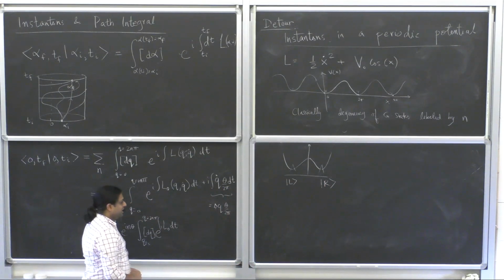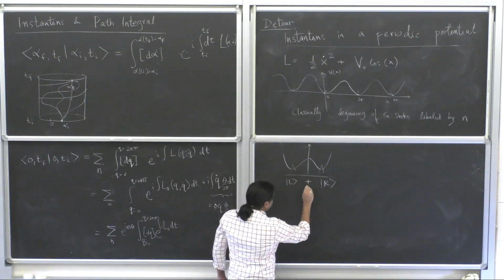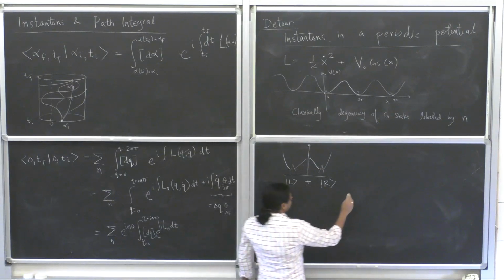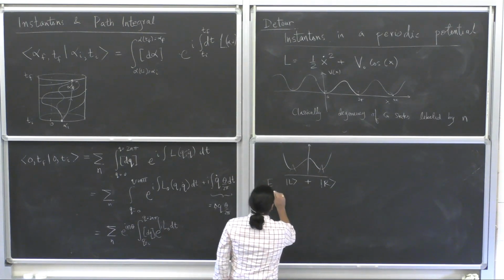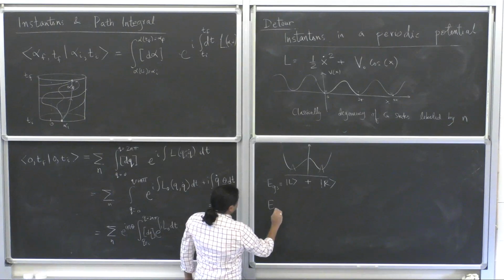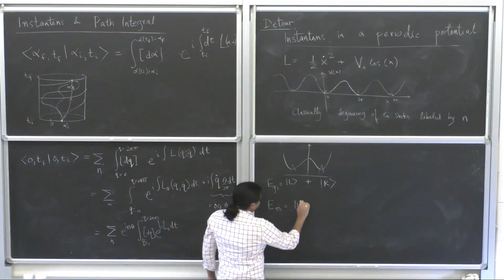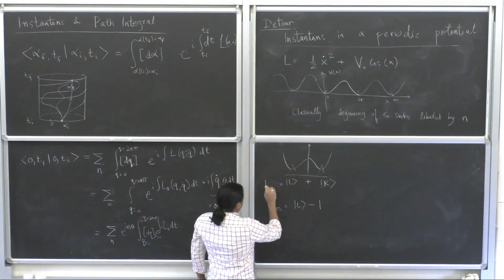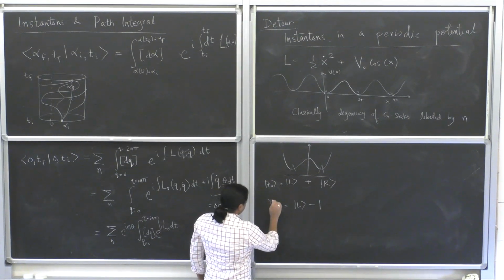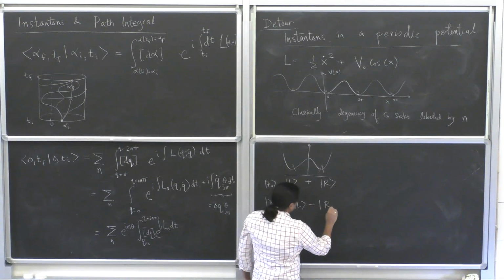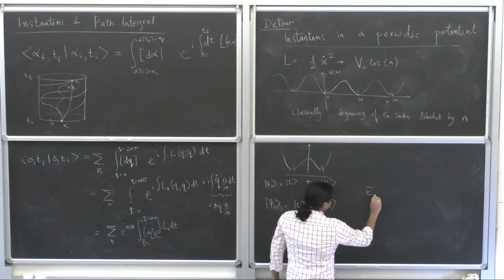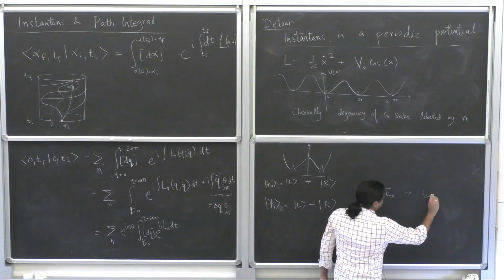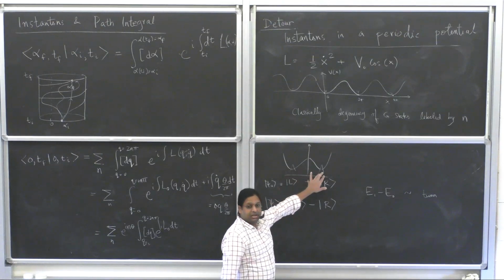But what you find is that these linear combinations are the actual energy eigenstates, and the symmetric combination is the ground state, and the excited state is the antisymmetric combination. The splitting between the ground state and the excited state is related to the tunneling amplitude, so the interaction between these two wave functions.